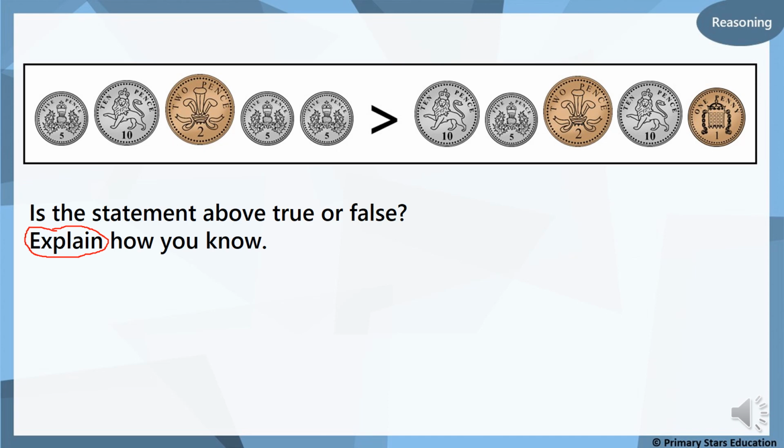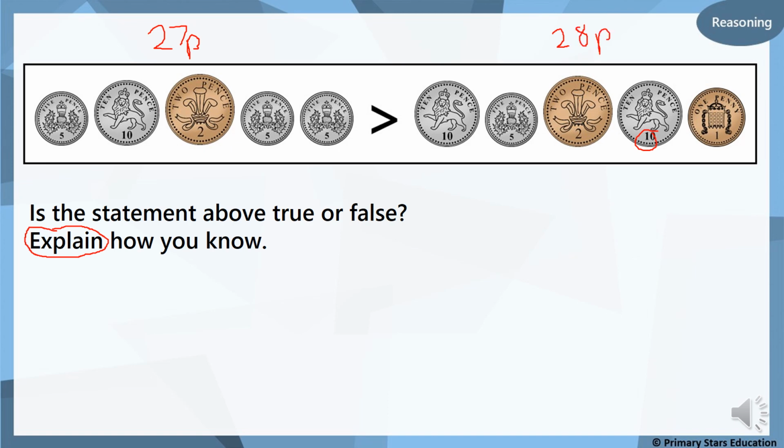So that is 27 pence on this side. Let's count the amount shown here. We've got 10, 15, add 2 is 17, add the 10p, which is 27, add 1, which is 28.